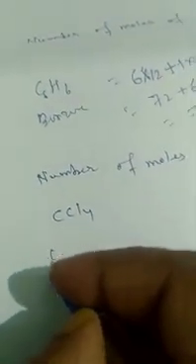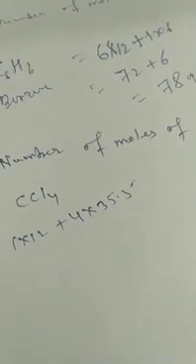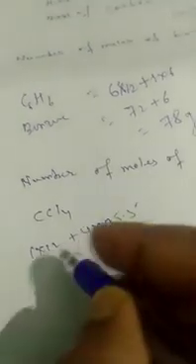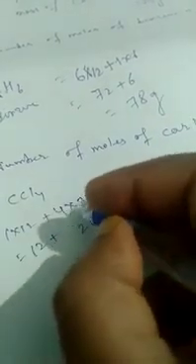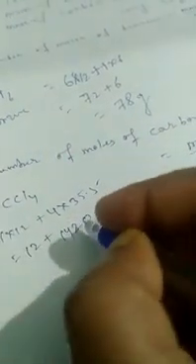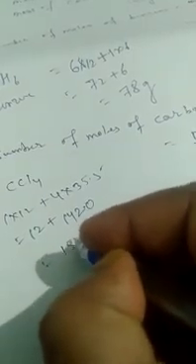So it has one carbon, 1 into 12 plus 4 into 35.5, because each chlorine has atomic mass 35.5. So it will be equal to 12 plus 4 into 35.5, which is 12 plus 142, equal to 154 gram.